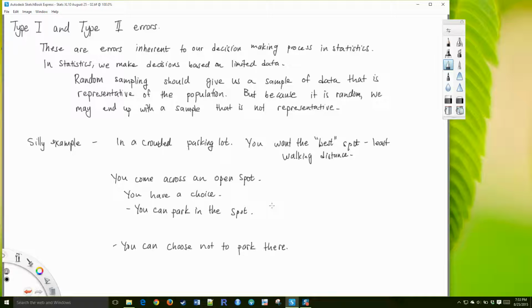Nobody goes home crying if this happens, but you're just like, oh man, I could have saved myself some walking distance because I'm lazy, and that would have saved me 20 feet of walking or whatever. Am I the only one who thinks this? No, right? So that's what you're hoping for. You can park in the spot, so the hope is this is the best spot.